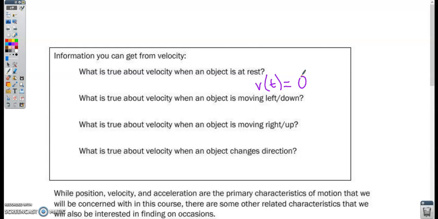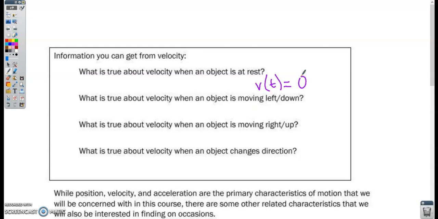All right, what's true about a velocity when an object is moving to the left or down? Depending on which direction of movement we're talking about, moving left when we're talking about moving along an x-coordinate line, or moving down when we're talking about moving along a y-coordinate line.